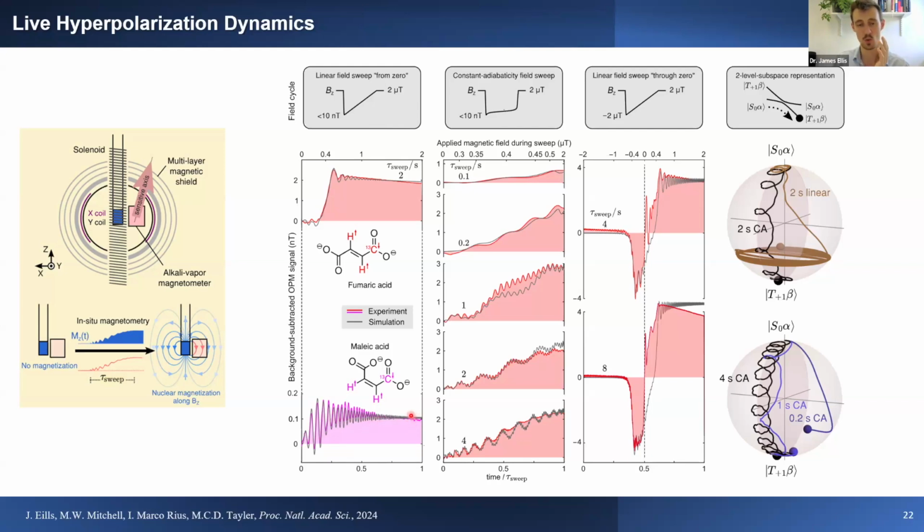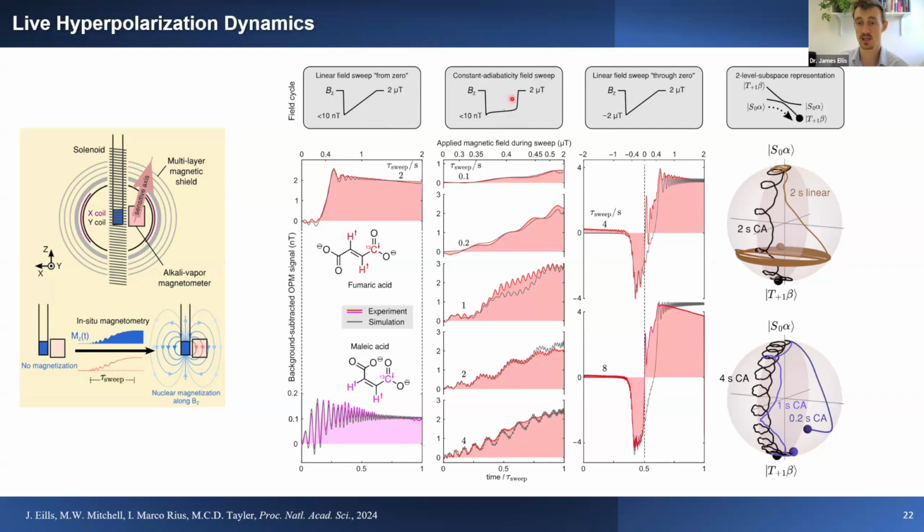And so you see that if we were doing this in the normal way, where we just apply a field sweep and then we take the sample out and we measure it at high field, we would detect some large magnetization, but we'd have missed all of these interesting dynamics. And so these were for linear field sweeps. And you can see very clearly here for fumarate that you get this sudden jump in the magnetization at about 400 nanotesla.